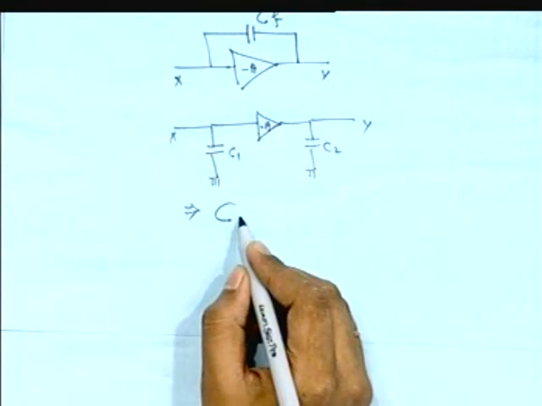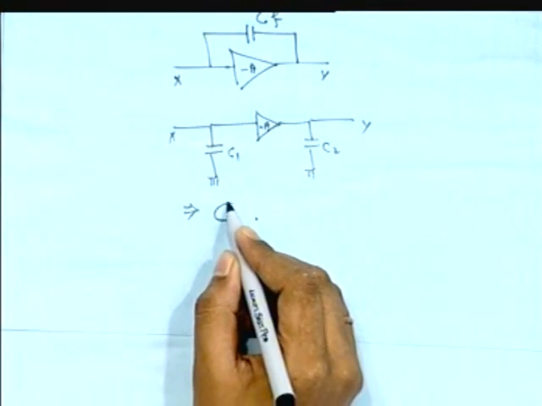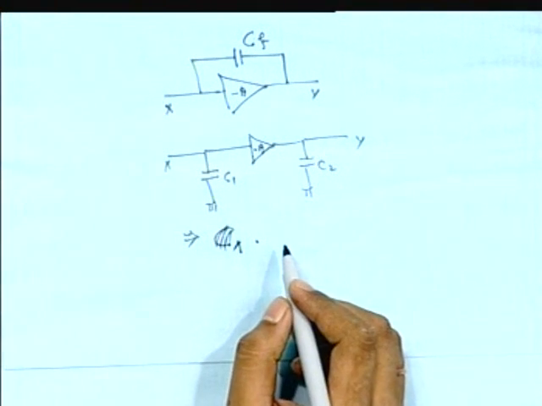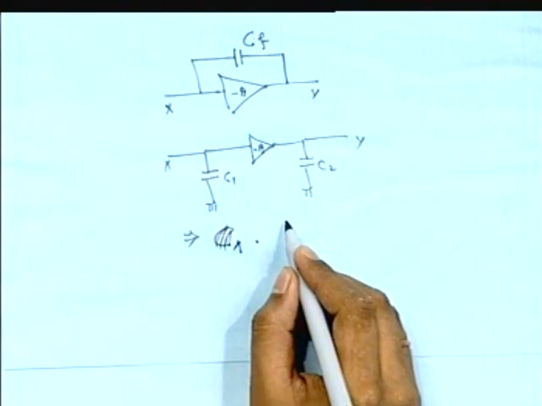Here the C1 will be, now see, in the previous slide I have written that Z1 is the impedance. So what will be the impedance now?